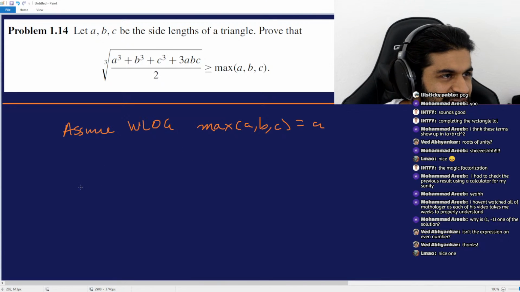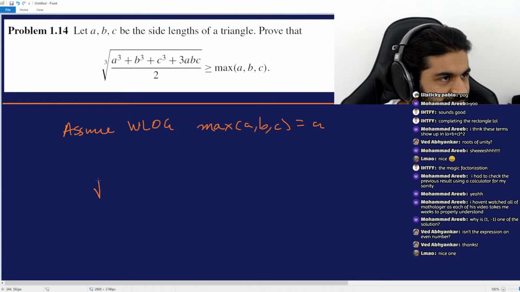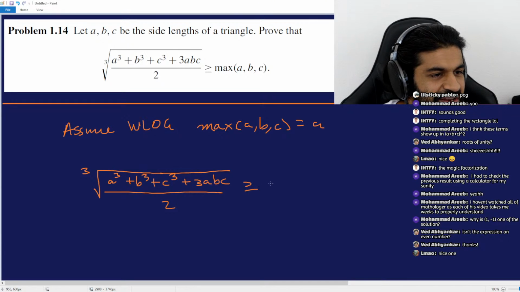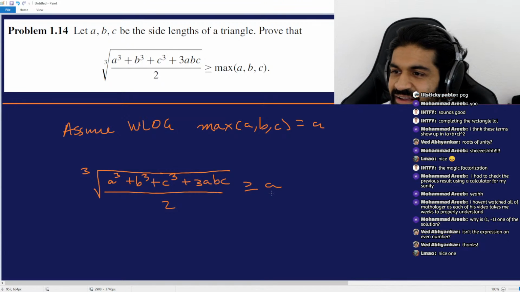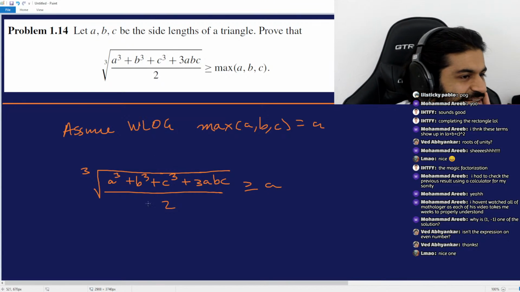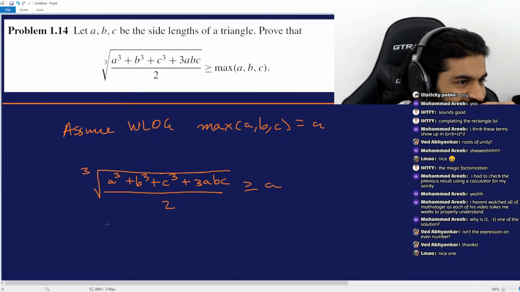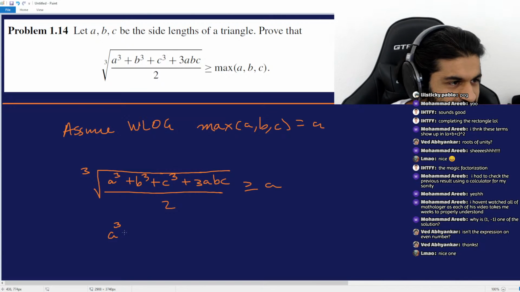So now we're trying to show that the cube root of a cubed plus b cubed plus c cubed plus 3abc over 2 is in fact greater than or equal to a. How are we going to do this? Well, we can cube both sides, and cubing is monotone, so that's safe.